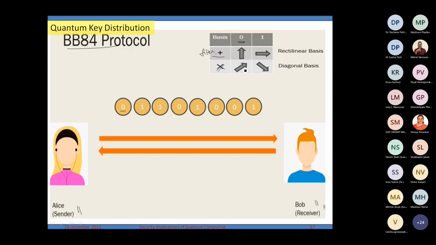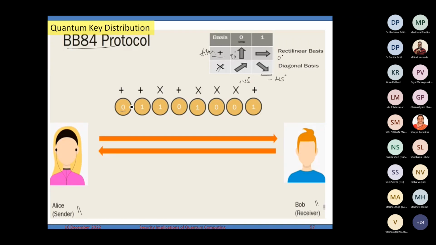On a diagonal filter, 0 is represented in this manner, and similarly 1 is represented in this manner. So you can think of this as 0 degree, 90 degree, this is about minus 45 degree, and this is about plus 45 degree of angle of light.